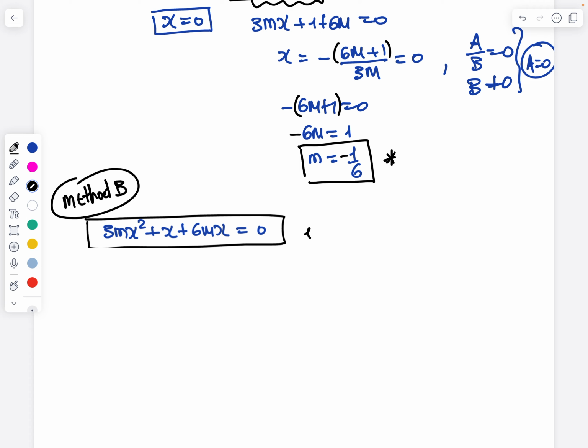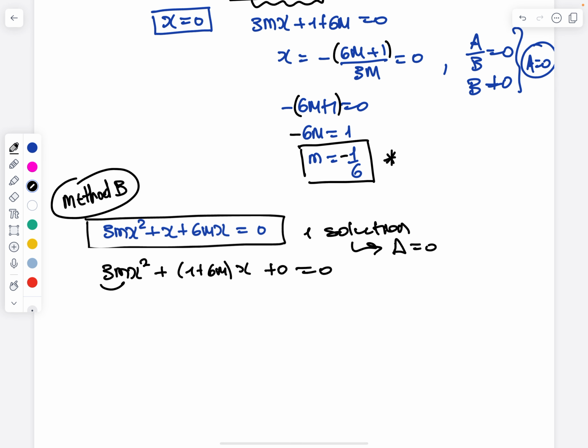So one solution would mean that the discriminant is equal to 0. And you need to be able to identify that this is 3mx squared plus (1 plus 6m) times x, plus 0 is equal to 0. So that's your a for the quadratic, that's your b, and that's your c. When the discriminant is equal to 0, that means b squared minus 4ac is equal to 0.